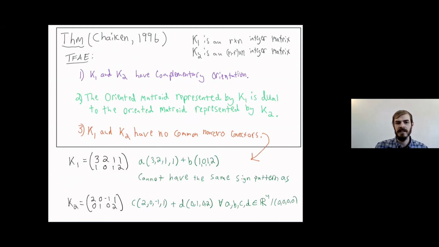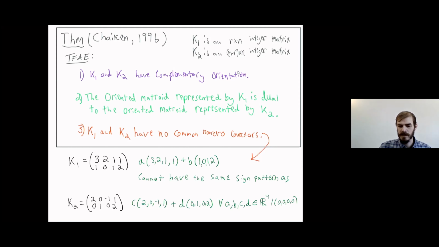So if you take any linear combination of the rows of K1 and the rows of K2, they can't have the same sign pattern, no matter what. And this is equivalent to having complementary orientation. So it's not just some weird thing where you need to write out the full Laplace expansion and see if all the terms are additive.